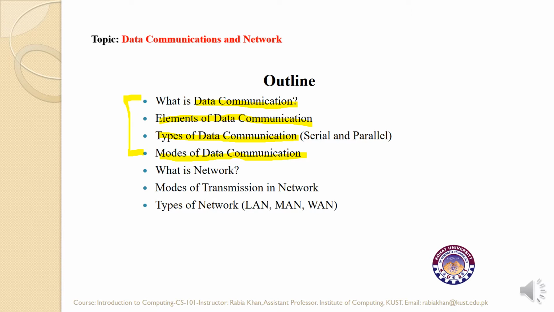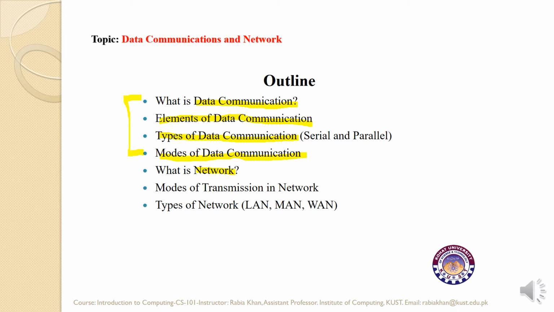Then we developed an understanding on network in the previous lecture. So data communication is one of the reasons to develop a computer network. In the previous discussion, we discussed what is a network.